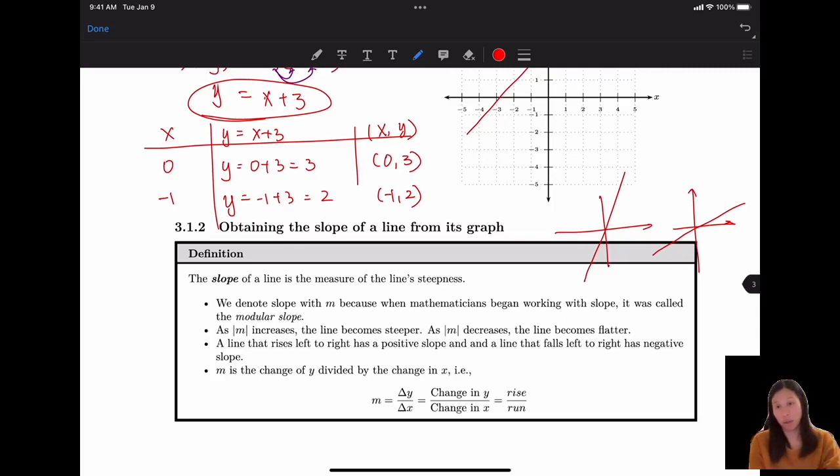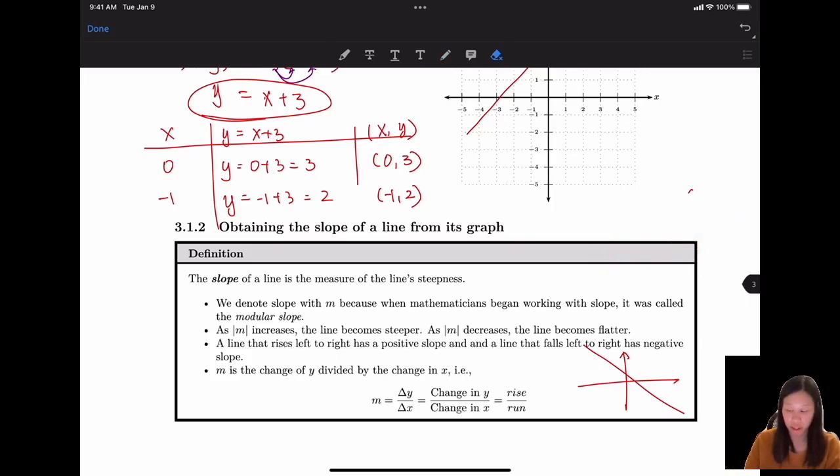The slope usually is between 0 and 1, or 0 and -1. If it's positive, it looks like increasing. If it's negative, it goes in the other direction, which is decreasing.